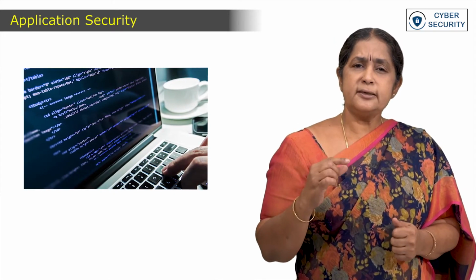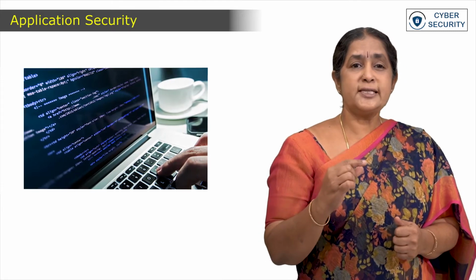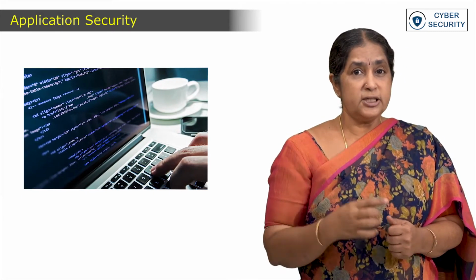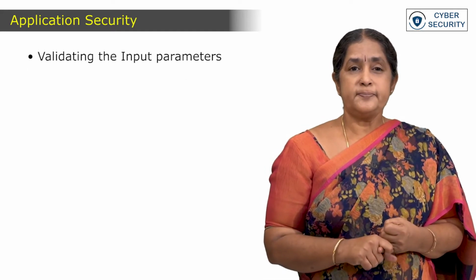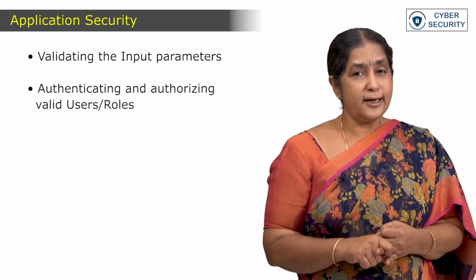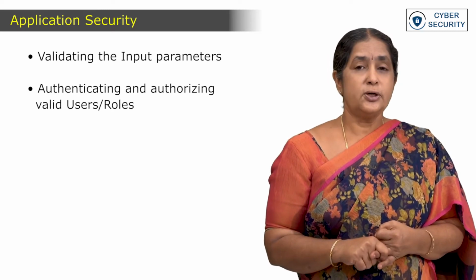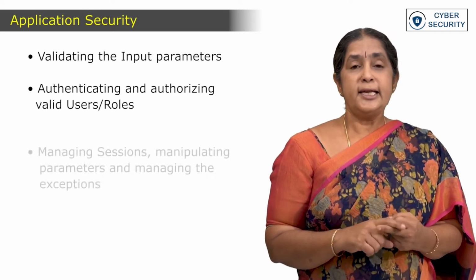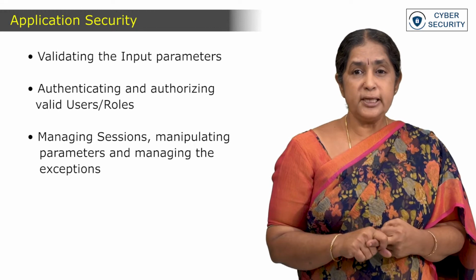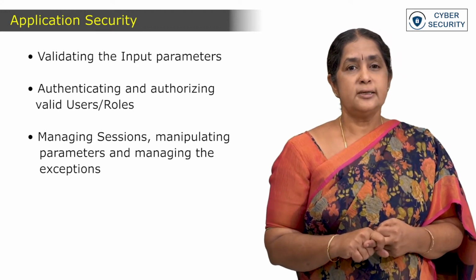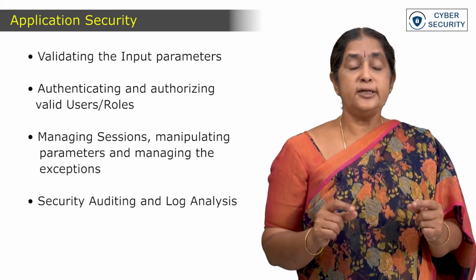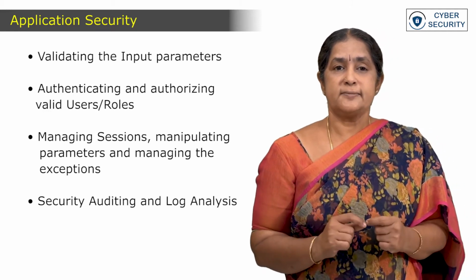Some of the basic techniques involved in ensuring security in applications are validating the input parameters, authenticating and authorizing valid users or their roles, managing sessions, manipulating parameters and managing the exceptions, and finally security auditing and log analysis.